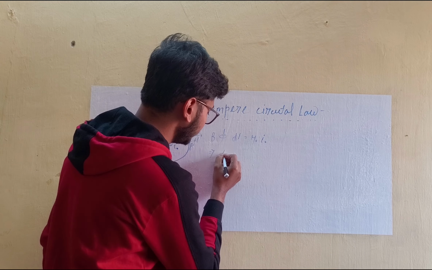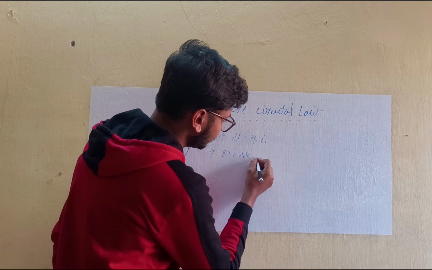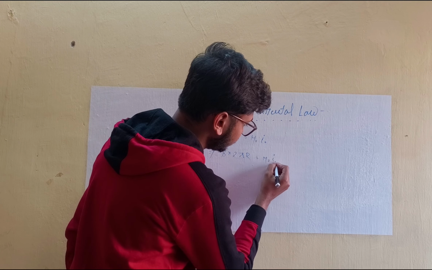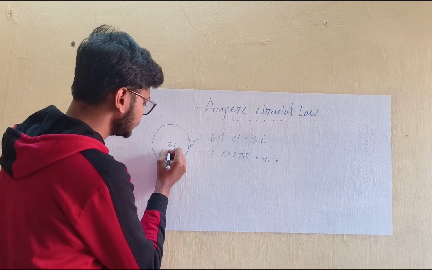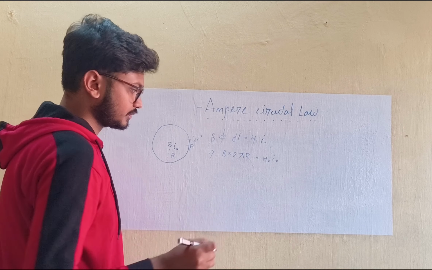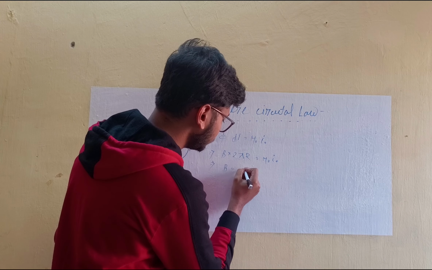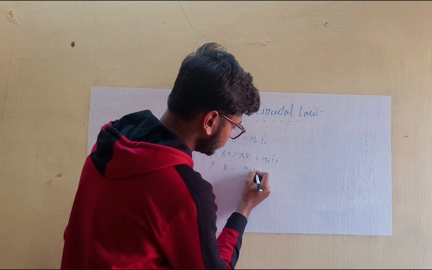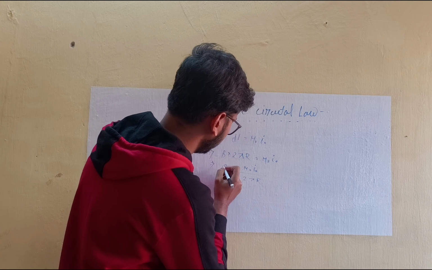So that will be B into 2 pi r equals mu 0 times I0, where r is the radius of that circular loop. Then we can write that B equals mu 0 times I0 divided by 2 pi r.